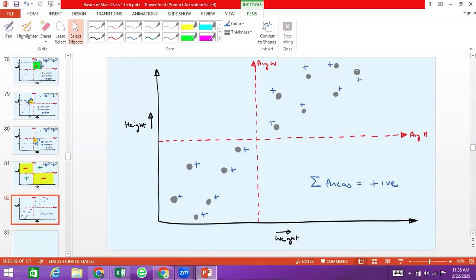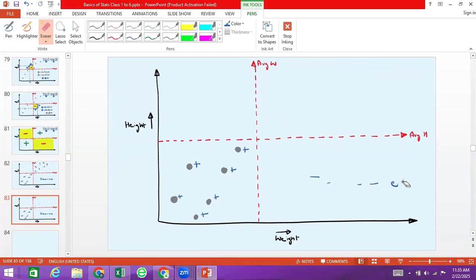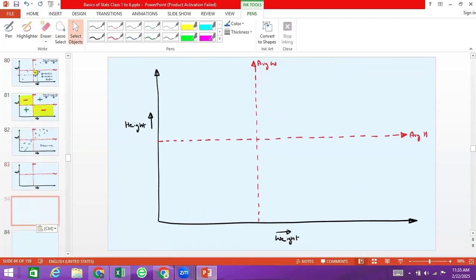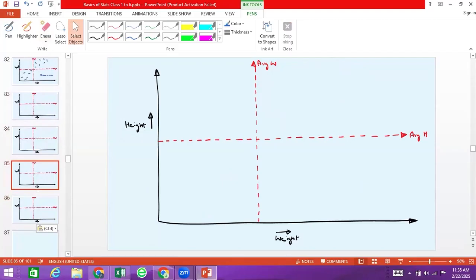Similarly, if I have this kind of a data set where the points are distributed in this way, then what will happen?